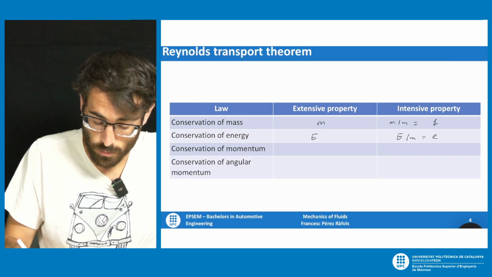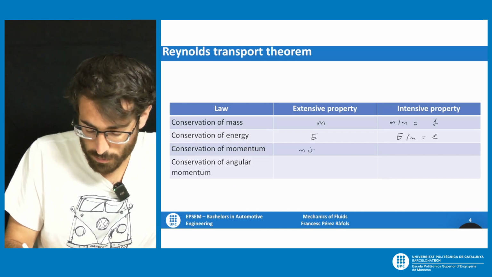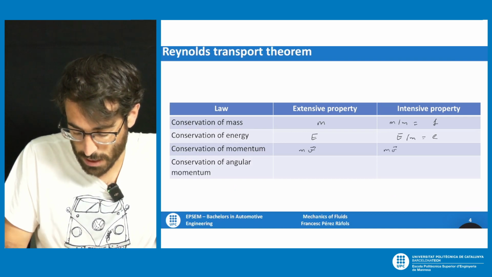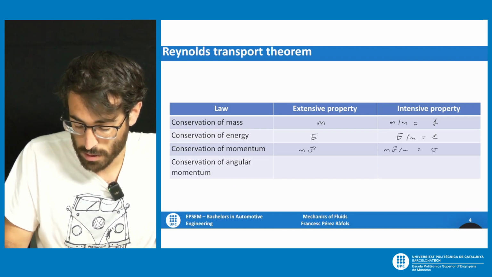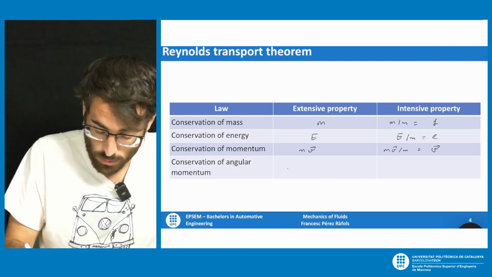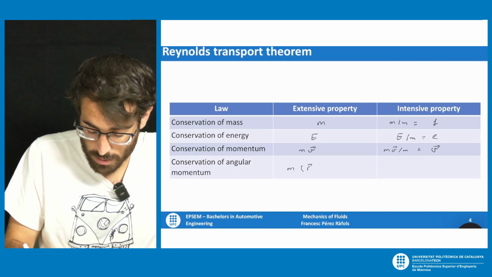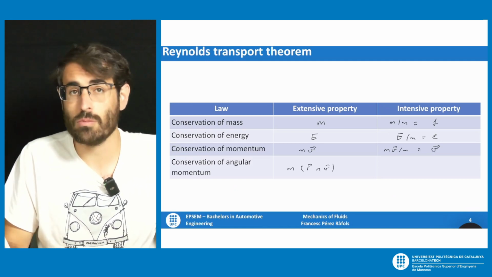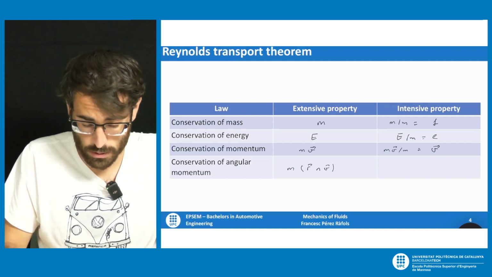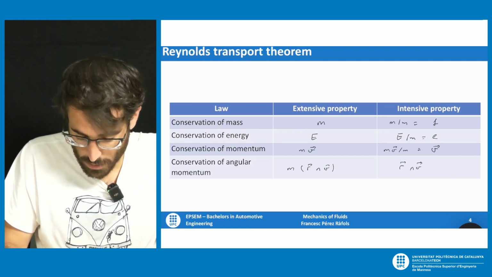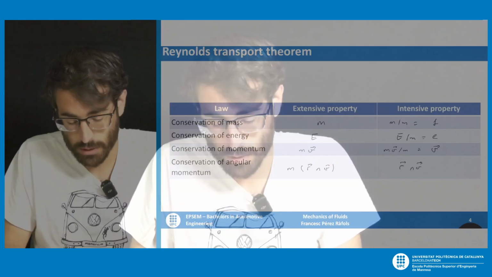Finally, if we look at momentum, momentum is going to be defined as mass times velocity. And then the intensive property is going to be, again, momentum divided by mass, so simply the velocity. And the conservation of angular momentum is going to be mass times r wedge v. That's the angular momentum. We will define it more carefully when the time comes. And again, the intensive property is going to be that divided by mass, so simply r wedge v. So that's enough about the Reynolds transport theorem.